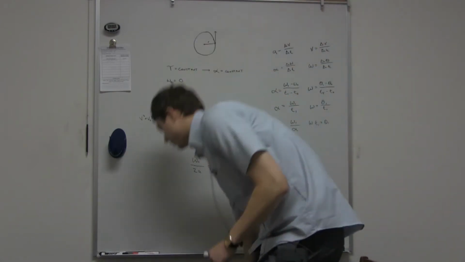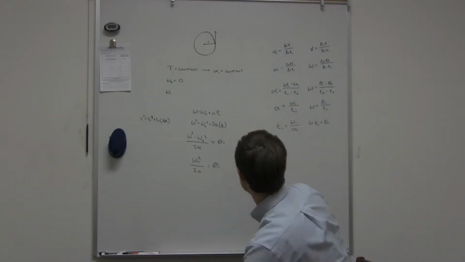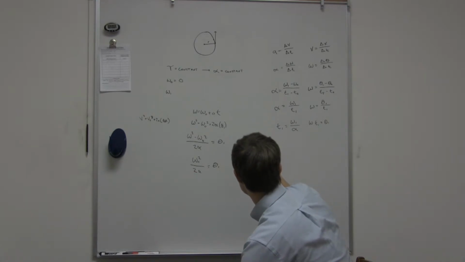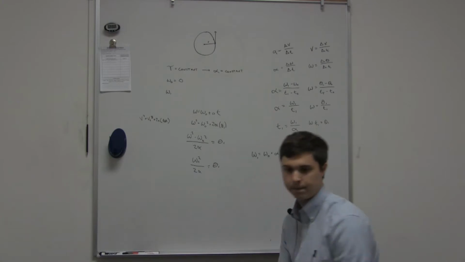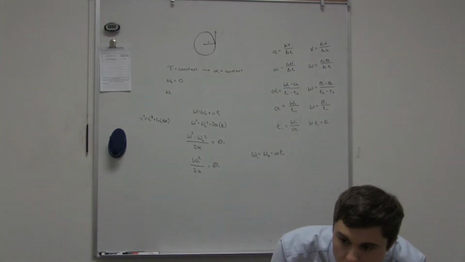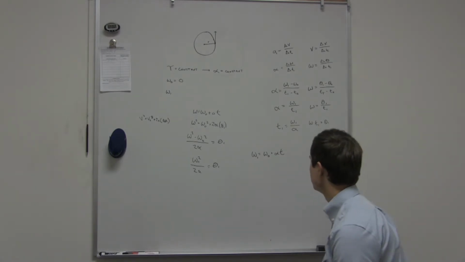So if we were going to try to figure it out using this equation up here, we've got omega 1 equals omega naught plus alpha times time. Oh, and we're looking for t2.